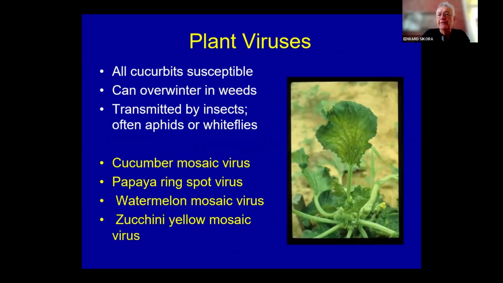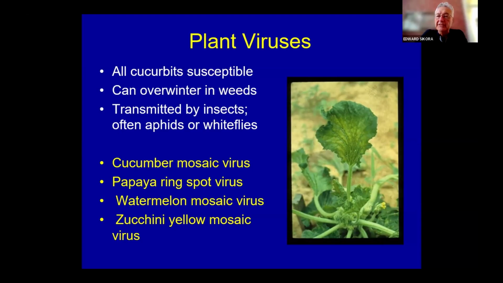All right, let's go to plant viruses again. We talked about spotted wilt on tomatoes earlier, but there are a number of viruses that go to cucurbits. All cucurbits are susceptible. Most of these viruses can overwinter in weeds, and about 90% of plant viruses are vectored or spread by insects, often aphids or whiteflies or leafhoppers, as I showed earlier.